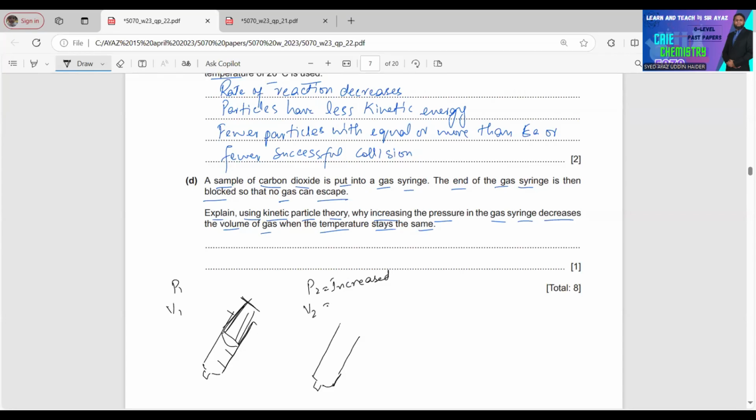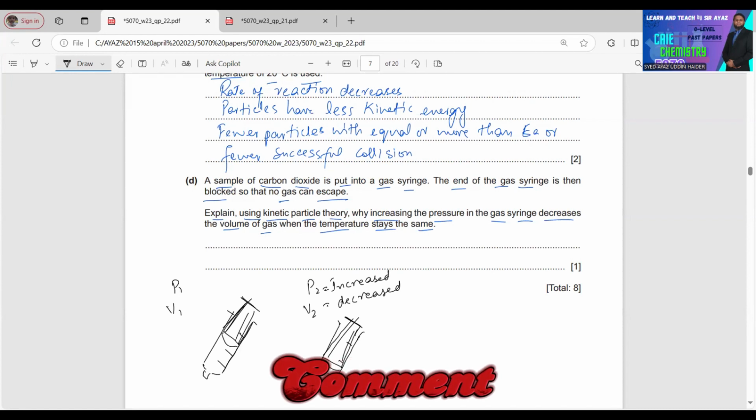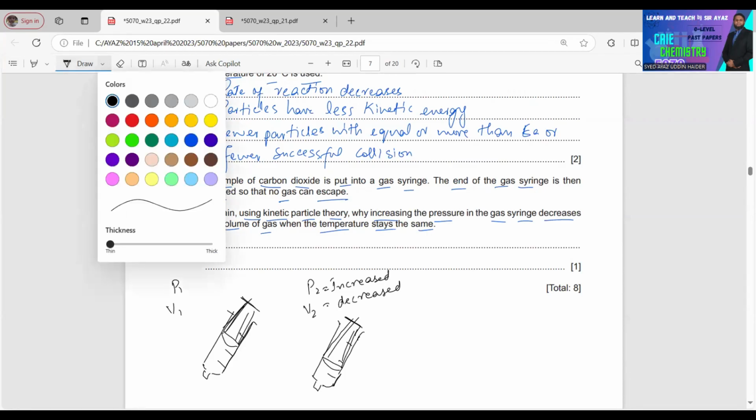They are saying volume decreased. You have to explain it on the basis of kinetic particle theory. In terms of kinetic particle theory, we will talk about the particles. What will happen to the particles? So the volume is decreased.